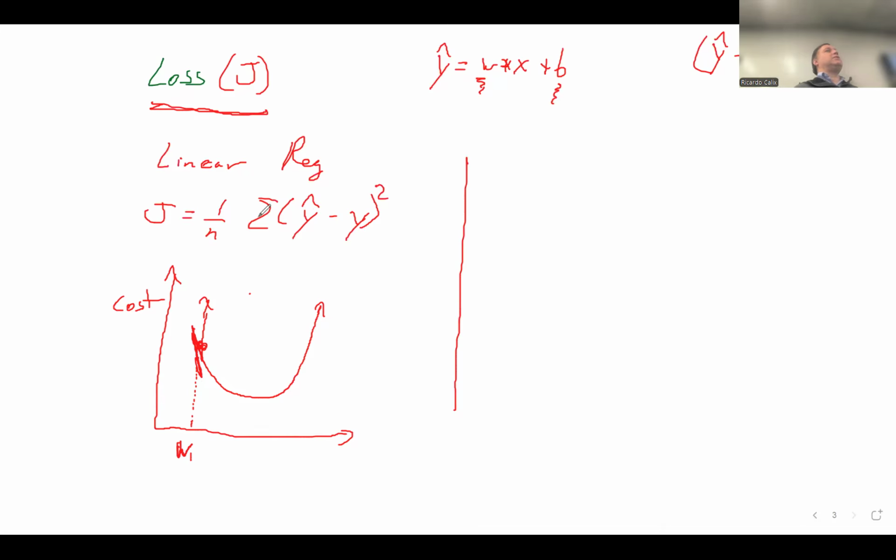Which is essentially that dot grad. So that tells us the direction that we should go. So the symbol might be a plus. So how does that translate? That means W1 plus the learning rate, LR. And so we take a step in that direction so that we are going down slope to find the optimal solution.